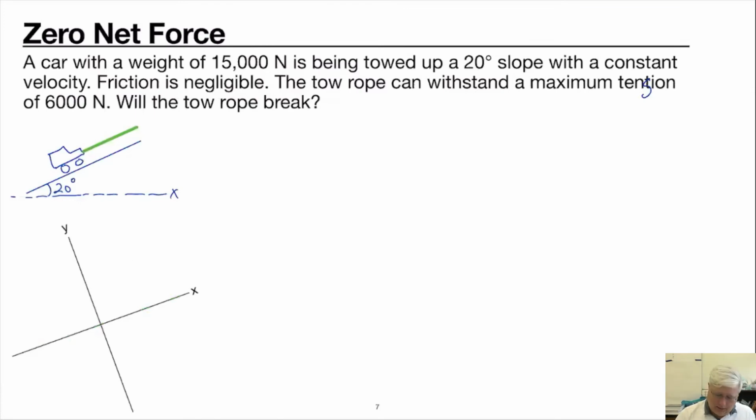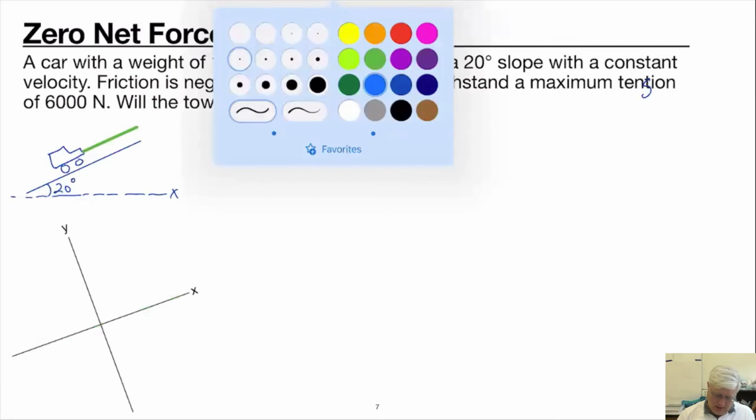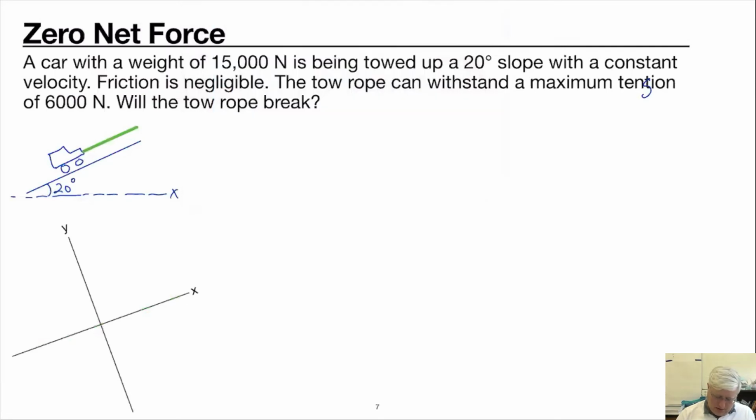Let's represent the car just with a point, a particle. And what kind of forces do we have going on? Well, we know tension is pulling it up along that tilted x-axis.